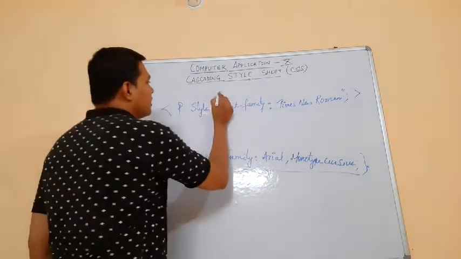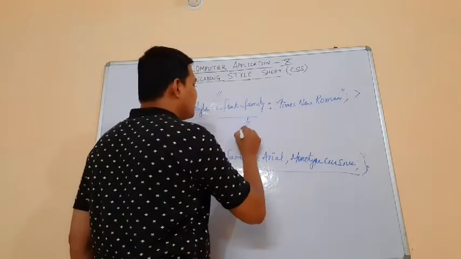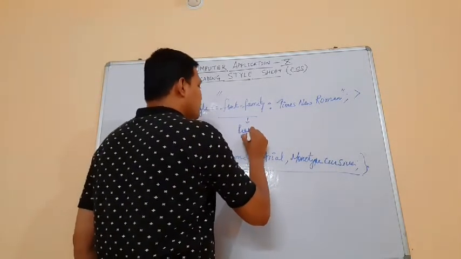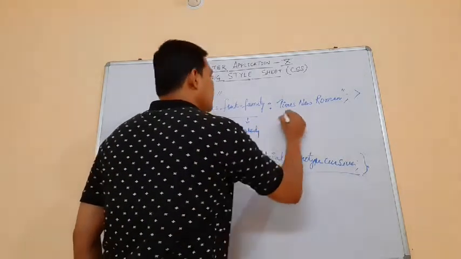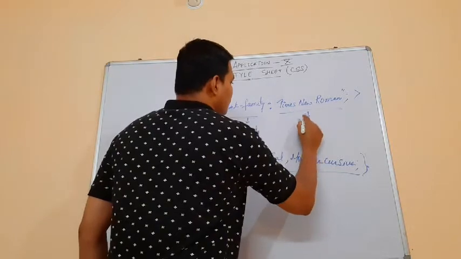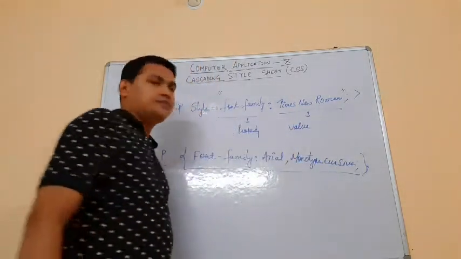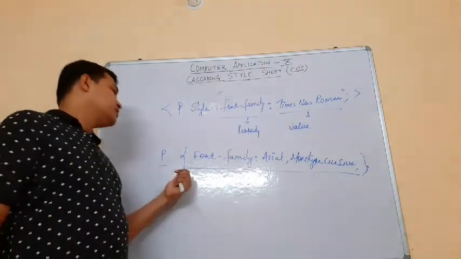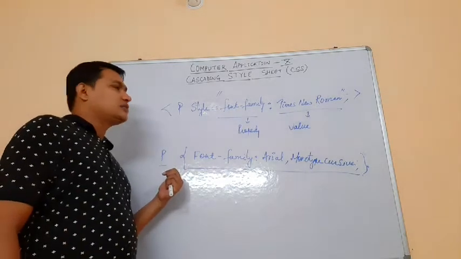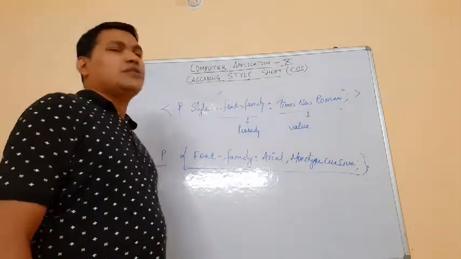You must notice that inside the quotation marks, this is the property and this is the value. The value you must define for the font. If you want to apply it in the internal style, you just define the selector, then the font-family, then the font-family name.